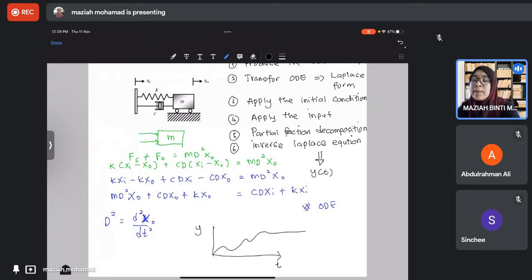Then we use the partial fraction decomposition method to solve for the parameters in the Laplace expression that we need to determine. Once we get that, only then can we inverse the Laplace form into the time response equation, which is y(t) equal to something.